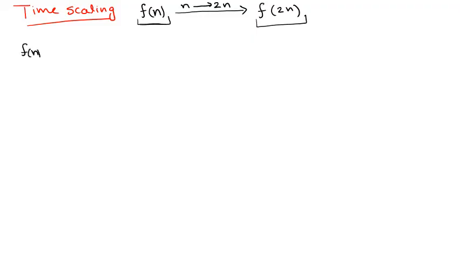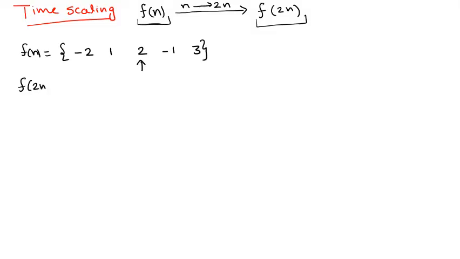Consider initially that f(n) is this signal: -2, 1, 2, -1 and 3. Suppose this is your signal and the time index is 0 over here. Then we want f(2n).